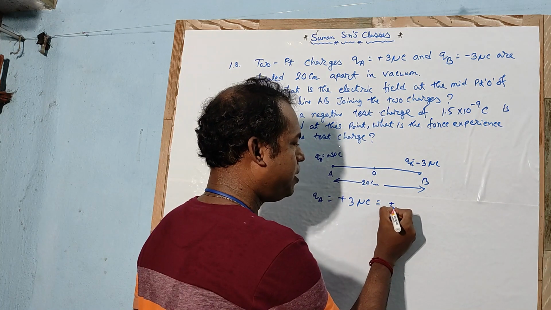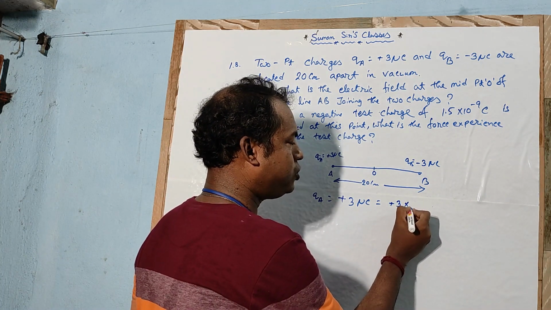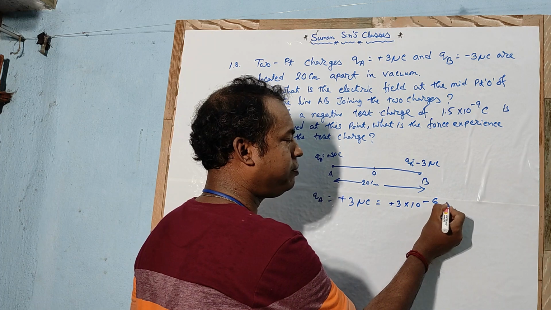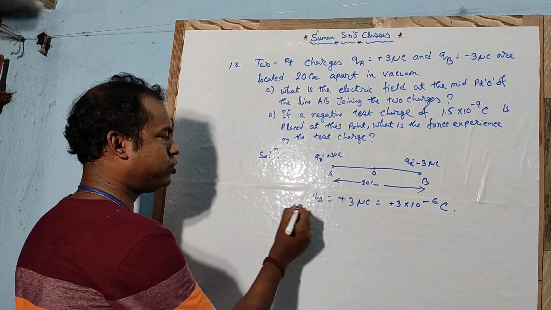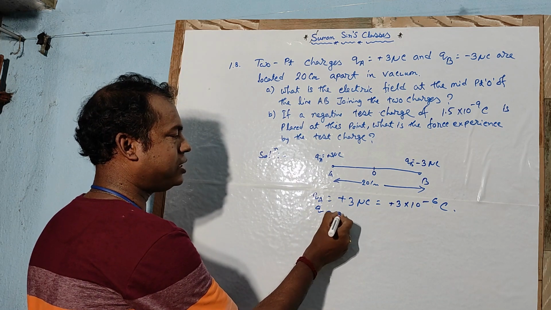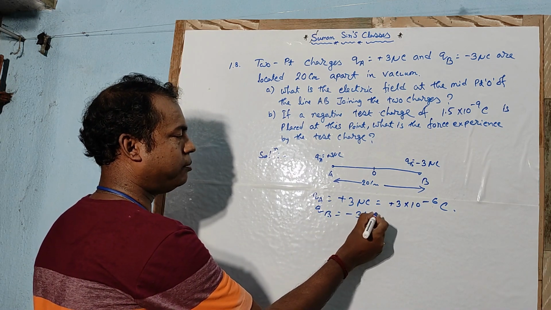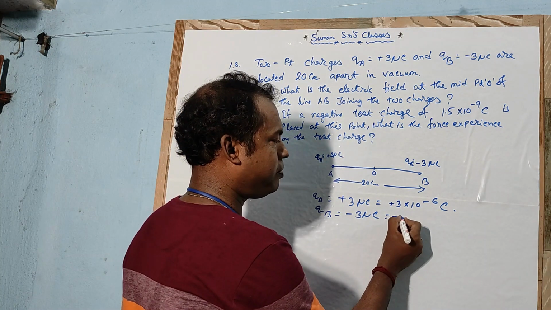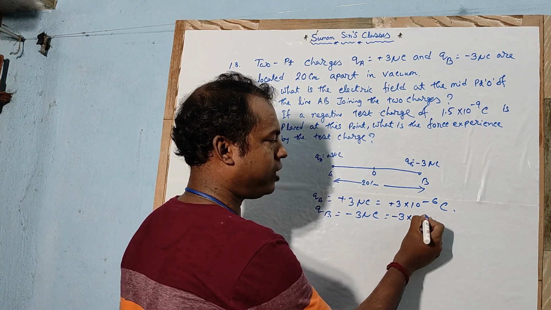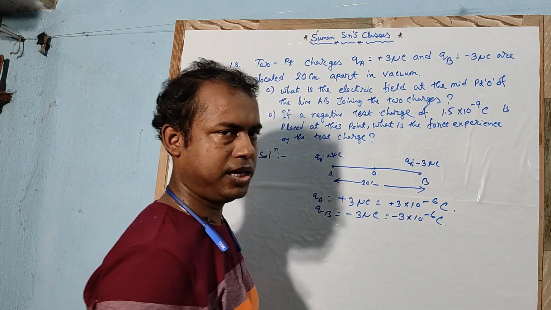So plus 3 into 10 to the power minus 6 coulomb. And QB equals minus 3 microcoulomb, which may be written as minus 3 into 10 to the power minus 6 coulomb. Clear?